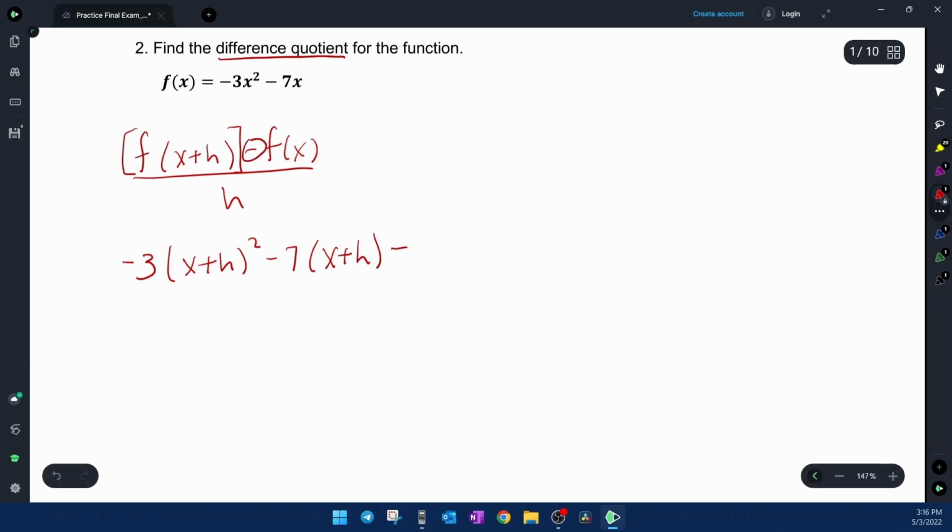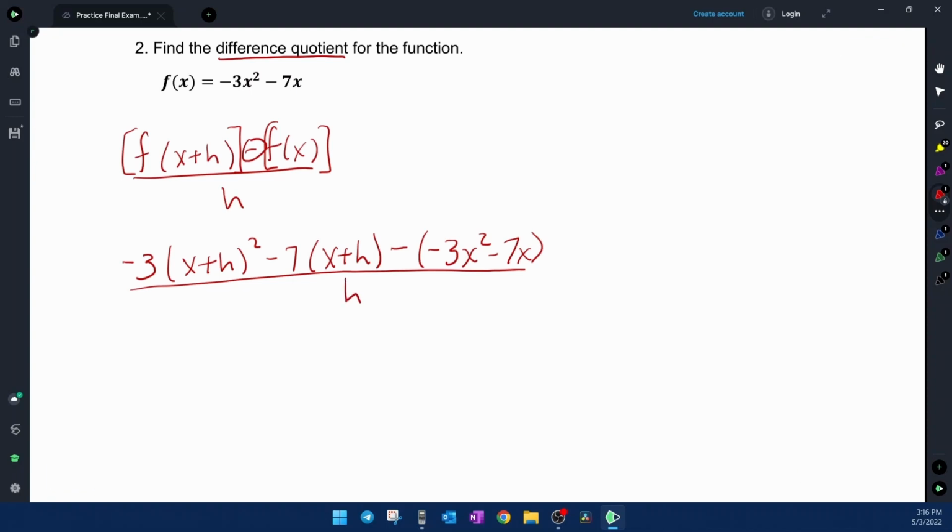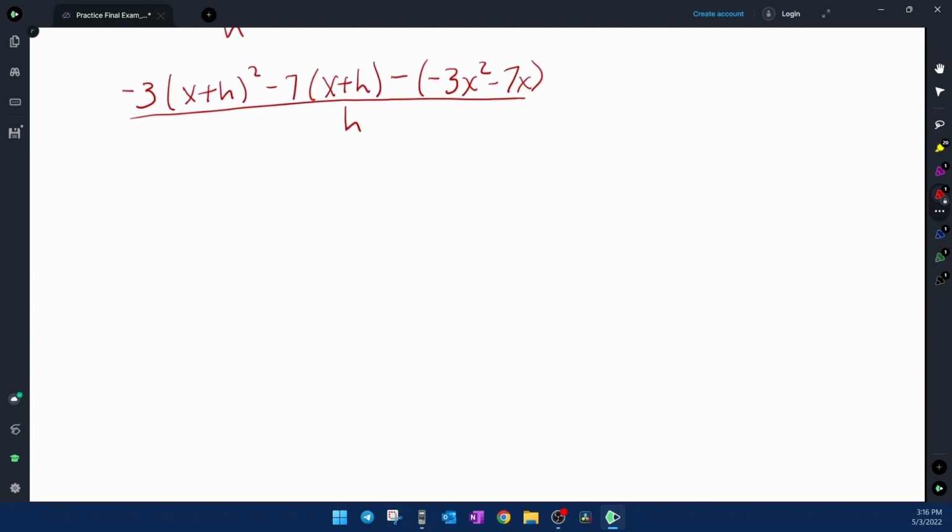Then we have a minus, and next, the original function. Negative 3x squared minus 7x. That is all over h. And you need to write that every time. Next step. Negative 3 times x plus h squared means to multiply by itself.